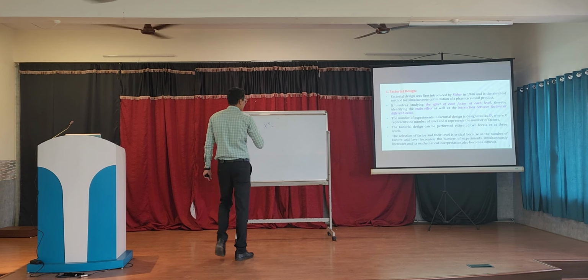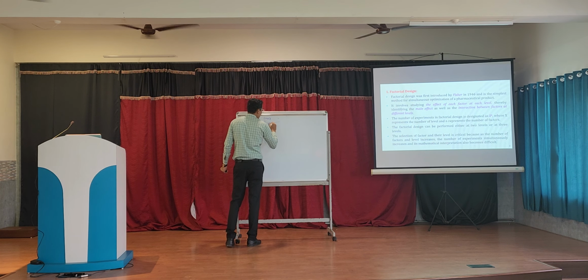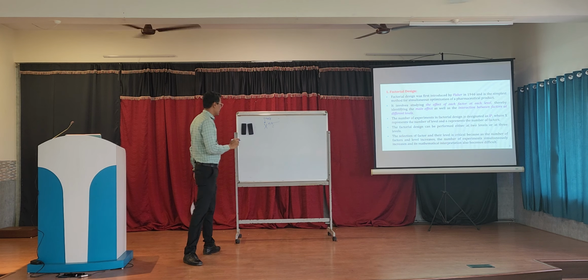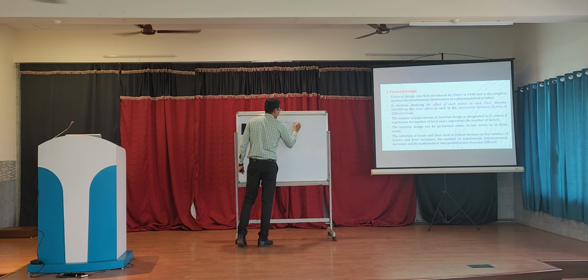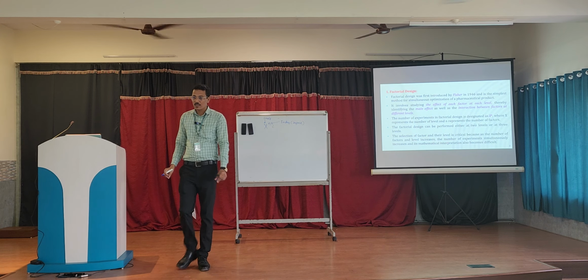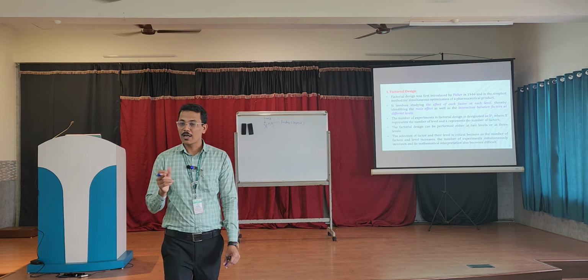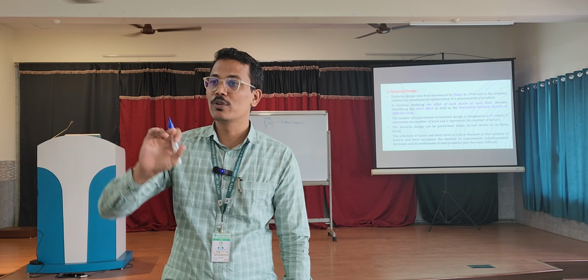So what is meant by x? X represents the number of levels and n represents the number of independent factors or independent variables. In simple words, we say that this is the input. Our output depends on the input only.